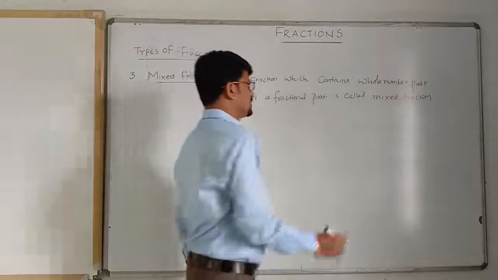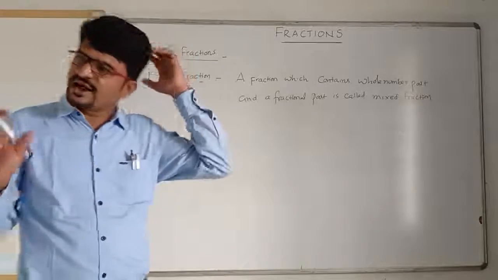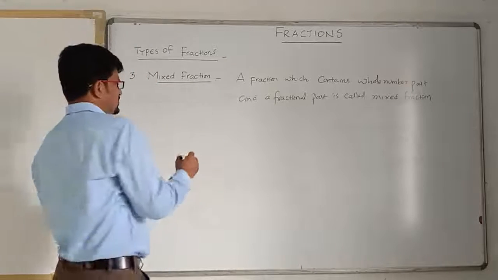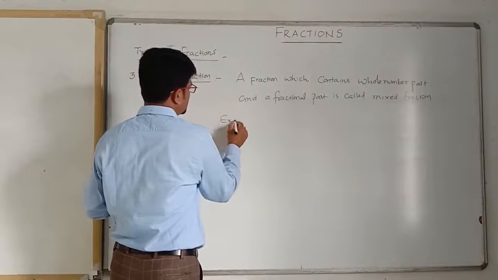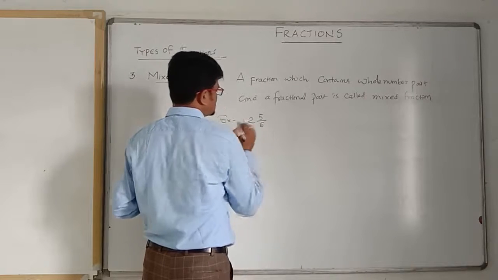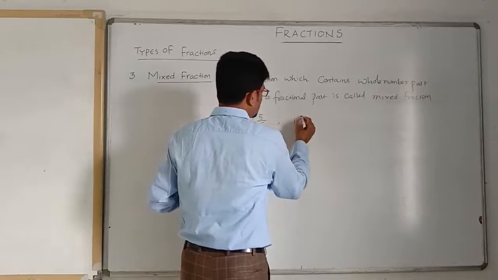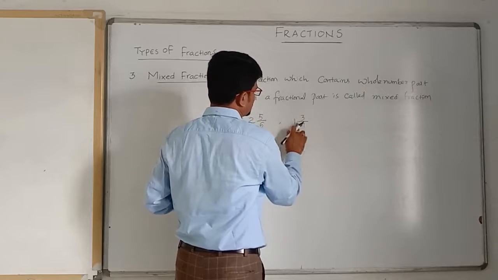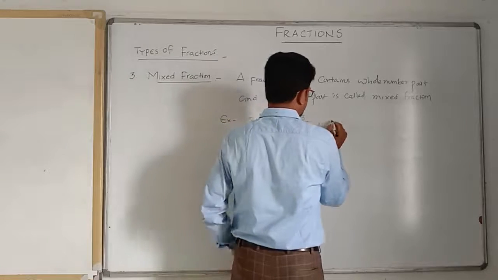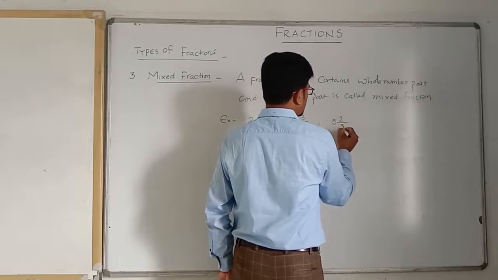Okay, children, sometimes you might have observed a fraction that also includes a whole number part. For example, 2 and 5 by 6, 1 and 3 by 7, 5 and 2 by 3.